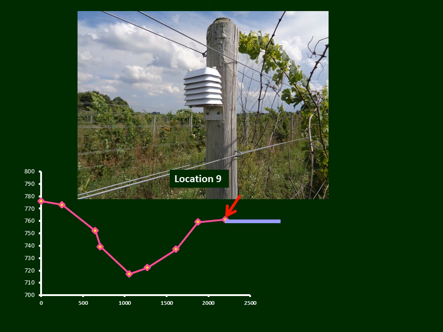It doesn't have any topographic relief whatsoever. And then to make it worse, the property beyond that slopes upward. And so location 9 that you're looking at now, that would look like it was an air exporting site if we just looked at the transect and the 9 locations that we looked at.